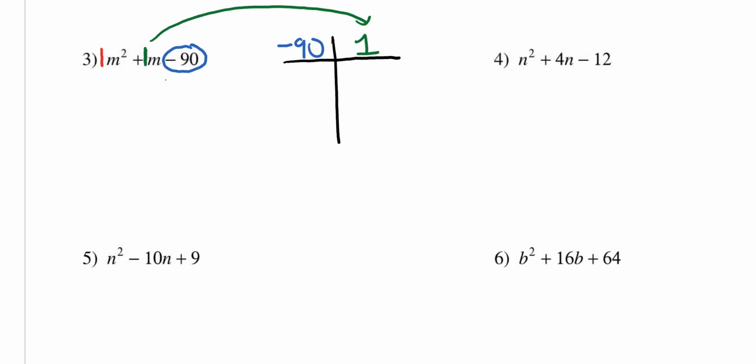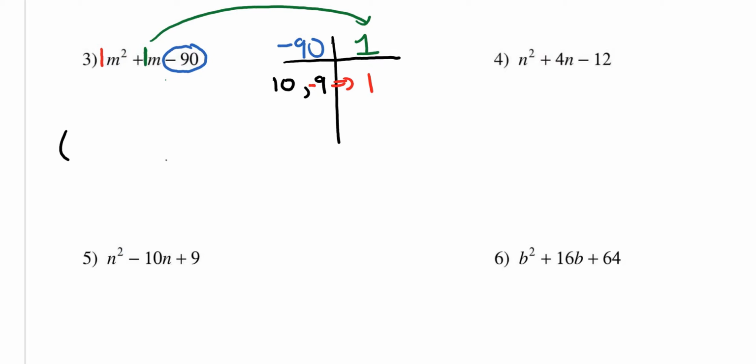Two numbers that multiply to negative 90, I'm thinking like 10 and 9. And one of these numbers must be negative because I need negative 90. And you should put the minus sign on the 9 because 10 minus 9 gives you the 1 here, right? And 10 times negative 9 gives you negative 90.